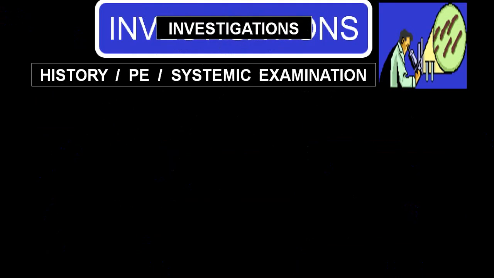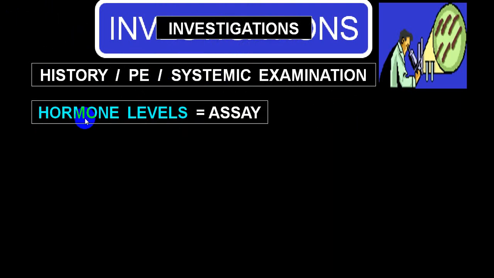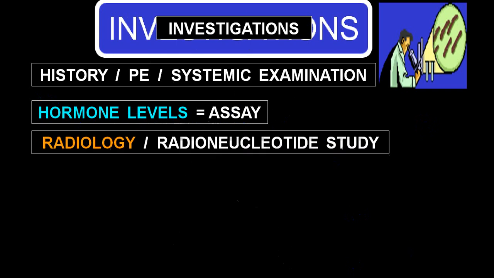In investigations, history, physical examination, and systemic examination are absolutely necessary. Hormone level assay to find out normal, hypo or hyper. Radiological study to find out the tumors and the effect of tumors.